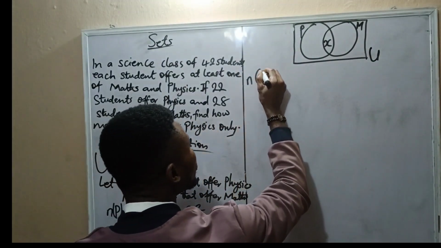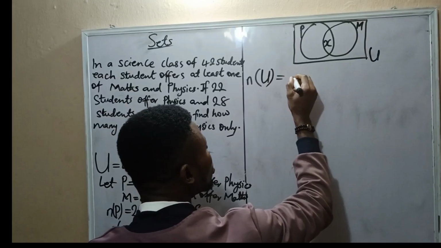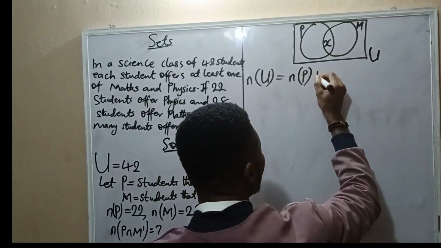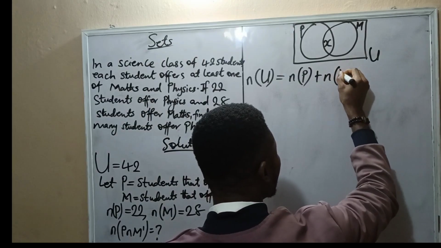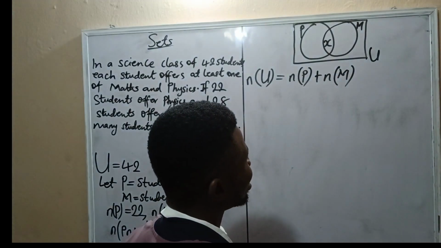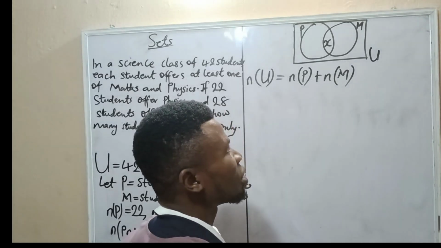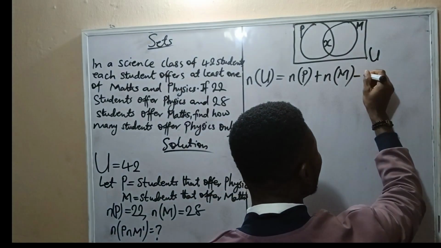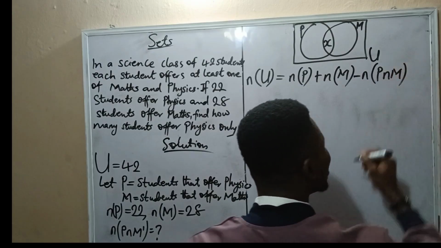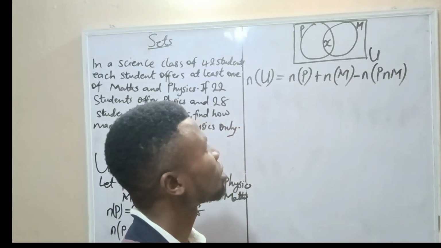Now, number of U is equal to number of P, those that offer physics, plus number of M, those that offer mathematics. Should there be an intersection, those that offer both subjects, then we put minus number of P intersection M, so that there will be no repetition.